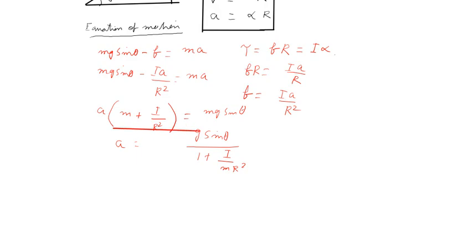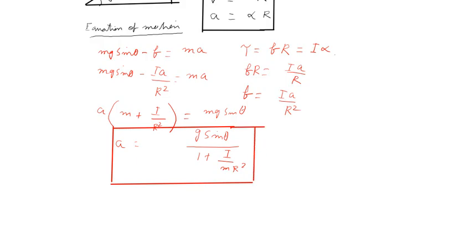The value of the linear acceleration of the body is g sine theta by 1 plus I by mr square. So for any circular body, if we know its moment of inertia, we will be able to find out the linear acceleration with which it is coming down. Okay, so this is the linear acceleration.